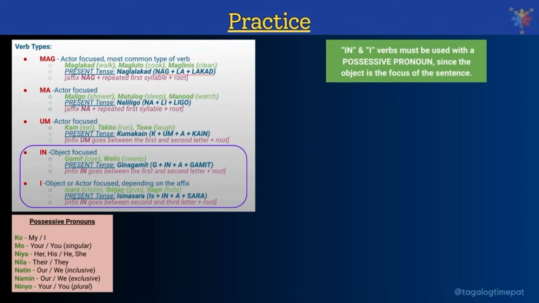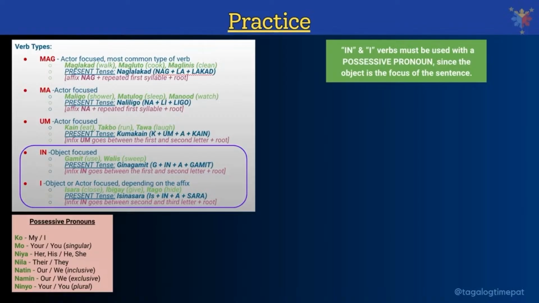So you might be wondering, how can it mean my or I, your or you? Because you can use these pronouns in different ways. So you could say like, bahay ko, my house, or bahay mo, your house. So when you're attaching it to an object, it takes on the possessive quality of like my or your or his or her.